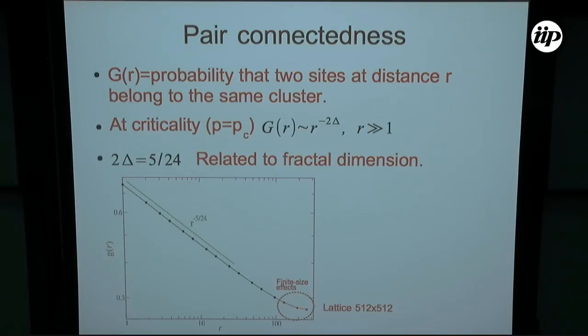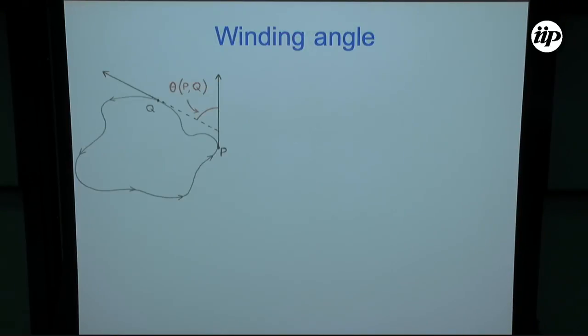Because this is a simulation. Another quantity that I will look at is the winding angle, which means the following. So take a cluster of percolation and 2 points on the frontier of this cluster, and draw the tangents at these 2 points to the structure, and then measure the angle, for instance, counterclockwise between these two tangents. This is the winding angle.